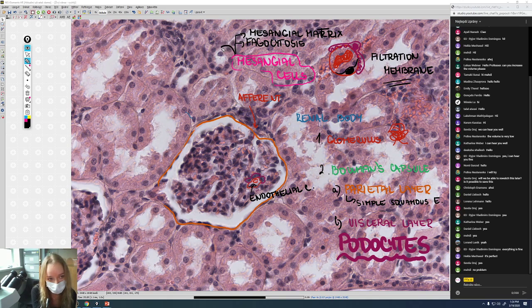And also what they do is they contract. So contraction. They can regulate the lumen of the capillaries. So they can squeeze them and dilate them, constrict them, and control the blood flow through the capillaries. So, three main functions of the mesangial cells right here.